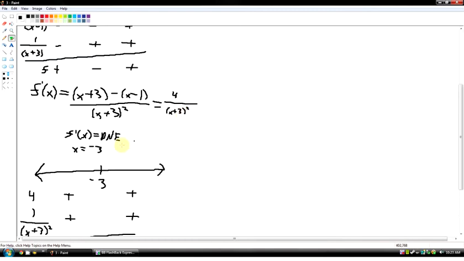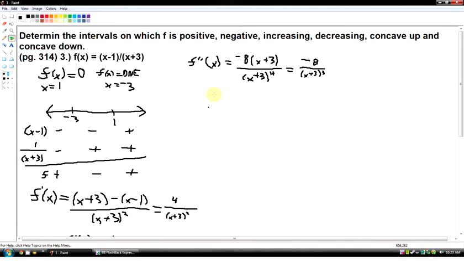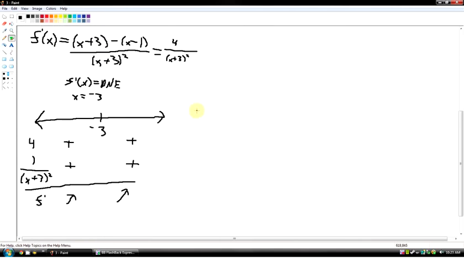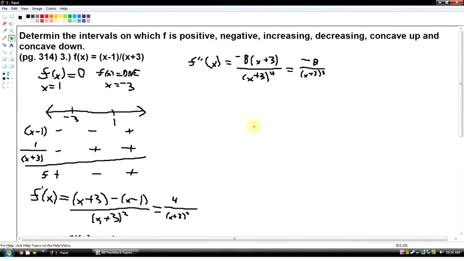Once again, much like our first derivative, the second derivative does not equal 0 anywhere, though it also does not exist where x is equal to negative 3.